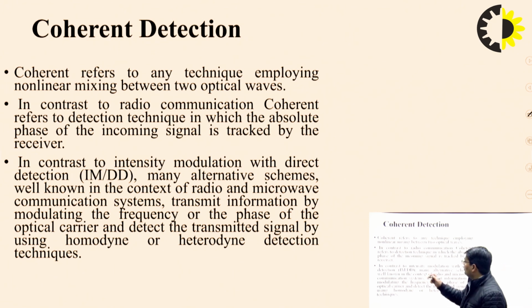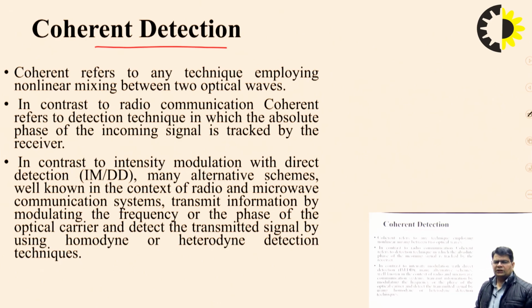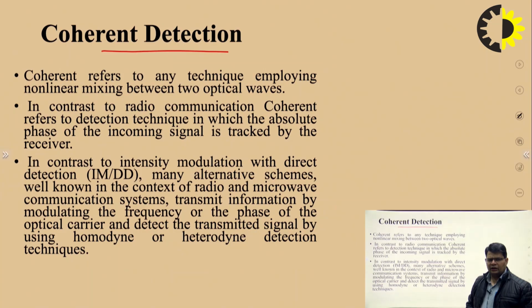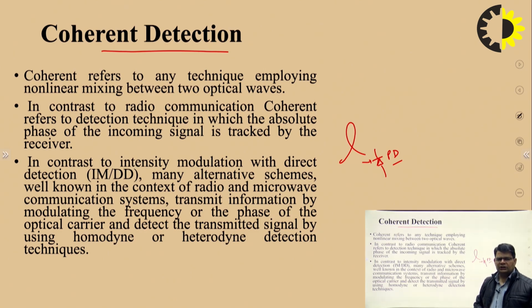So first of all, what is coherent detection? Basically, in the optical communication system, at the receiver side, the first component that we are using is the photodiode or photodetector. This photodiode or photodetector basically converts the received or incident optical power into the corresponding electrical signal.